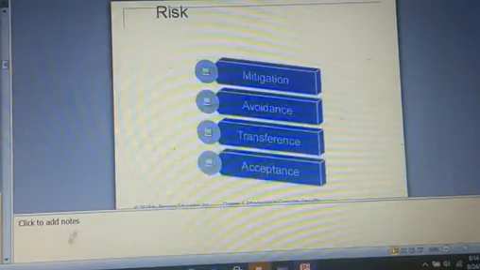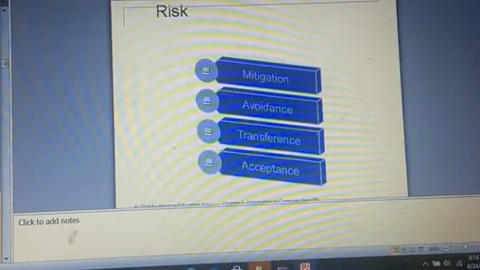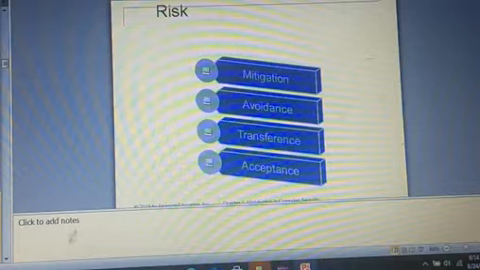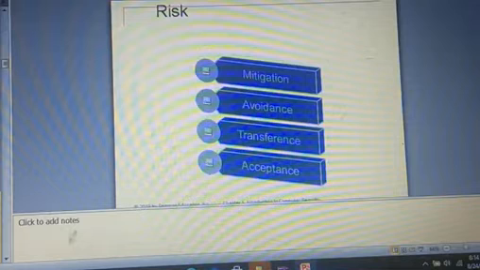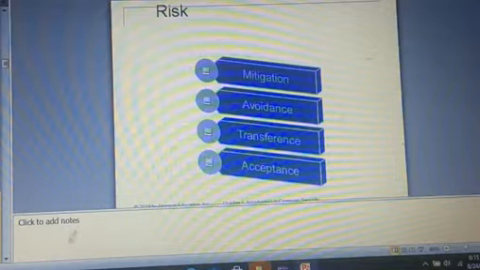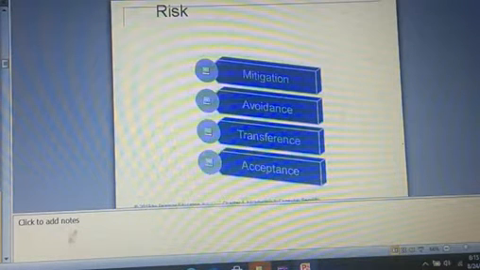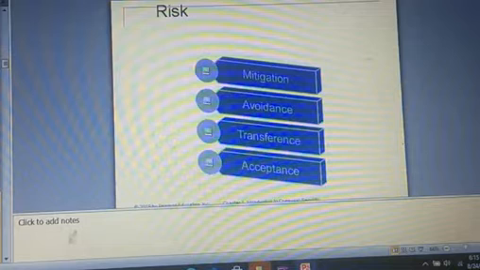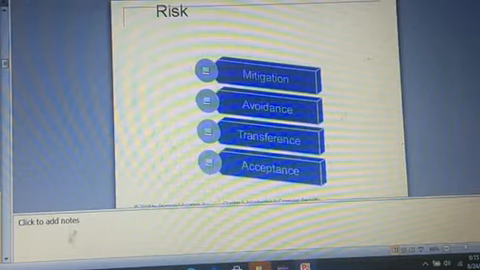Now let's talk about risk and the terms associated with risk management. So we have mitigation, avoidance, transference, and acceptance. Let's discuss this. What is mitigation? Mitigation is when we can identify, evaluate, and prepare strategies that will help to minimize, monitor, and control threats.